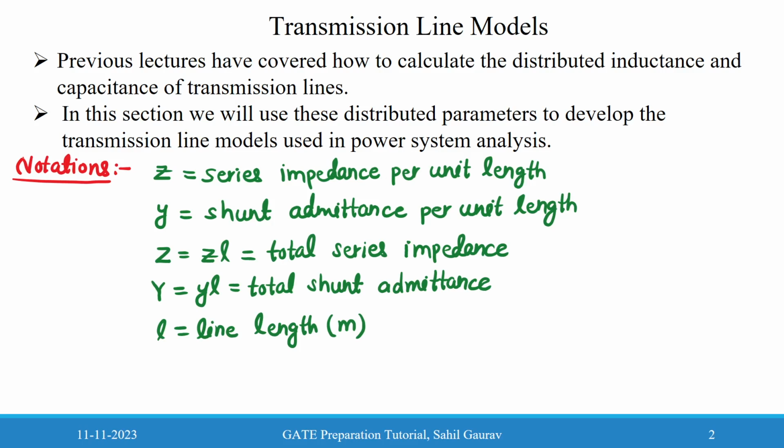We know that a transmission line can be represented using four parameters: resistance, inductance, capacitance, and conductance. Among all four parameters, we have to know how to calculate the inductance and capacitance. That is very important. Now after knowing how to calculate the distributed inductance and capacitance, we need to model this transmission line.